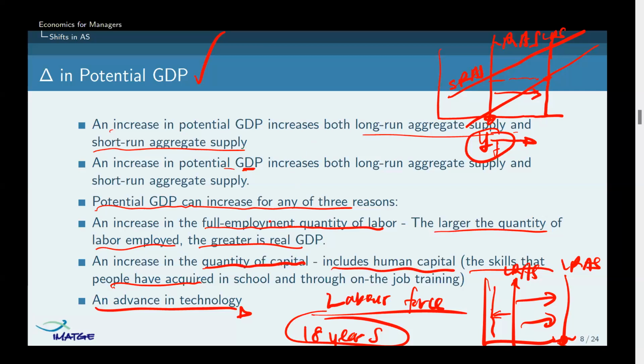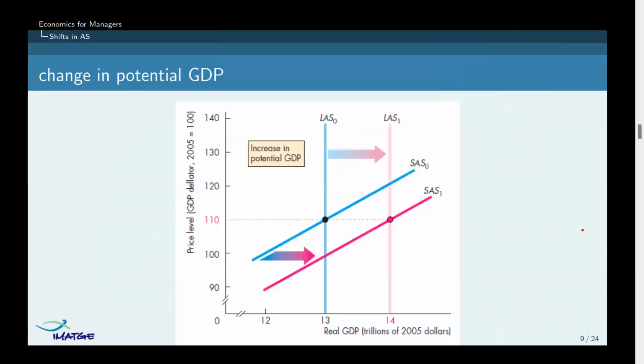So, that being said, I'll now move on to illustrating the change in potential GDP. You can see that initially, this was the full level of employment, 13 trillion US dollars, right?